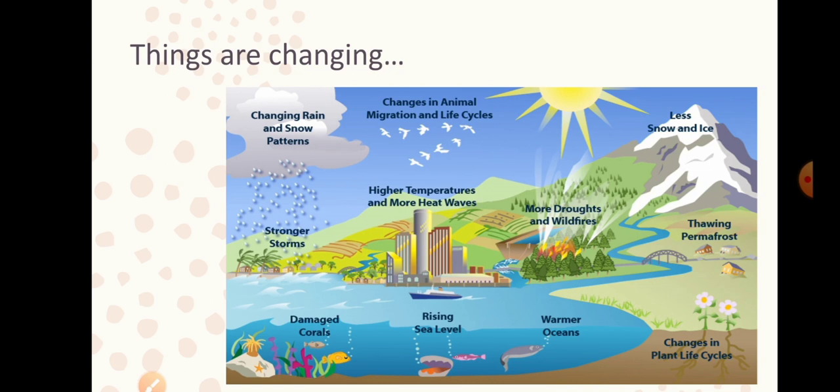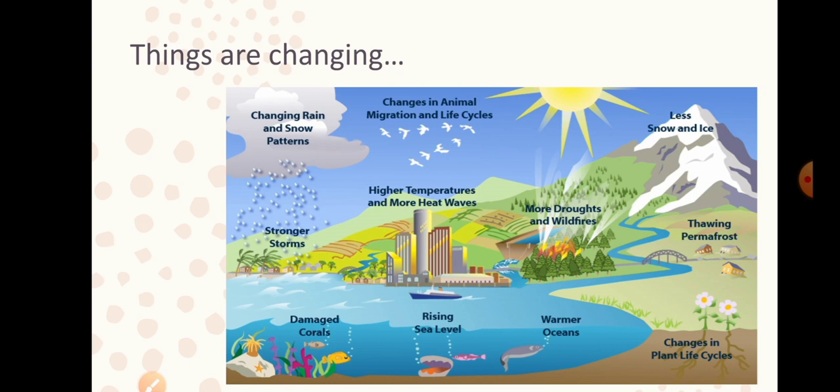Now, things are definitely changing all around the world with our lifestyle, with our industrial lifestyle, factories, cars, chemicals that we are using all the time in producing goods, using cars, traveling by aeroplane. We all create a completely changing environment.